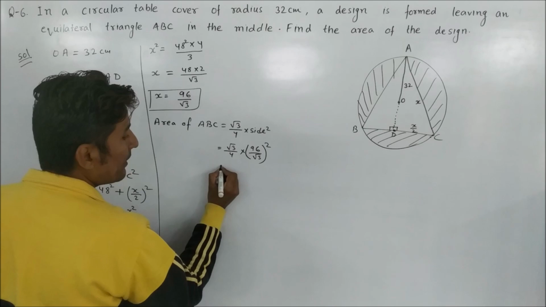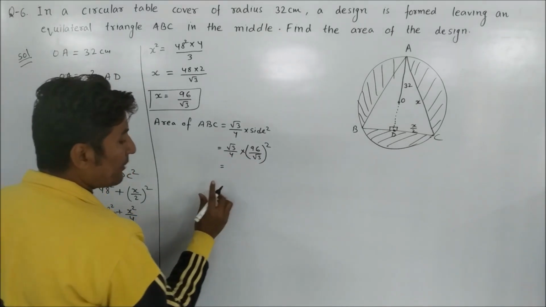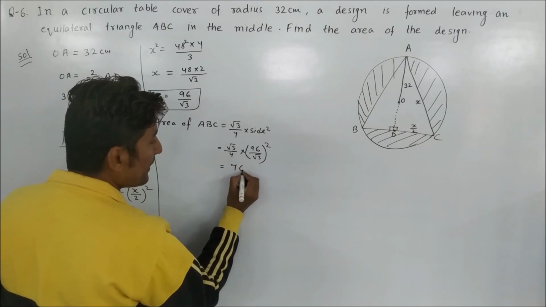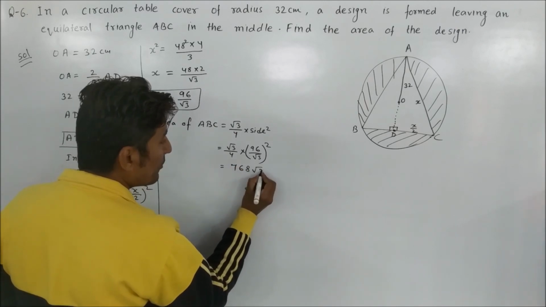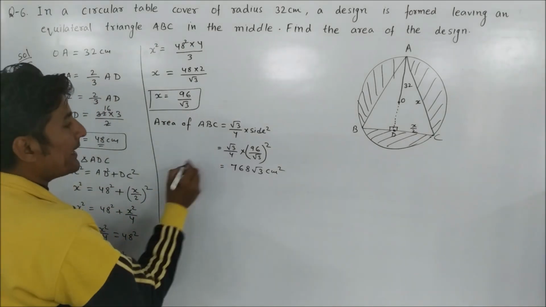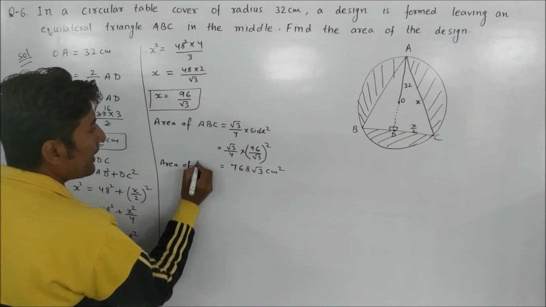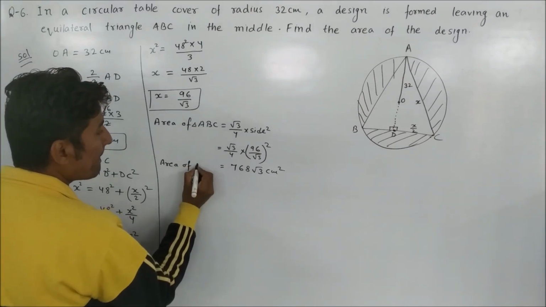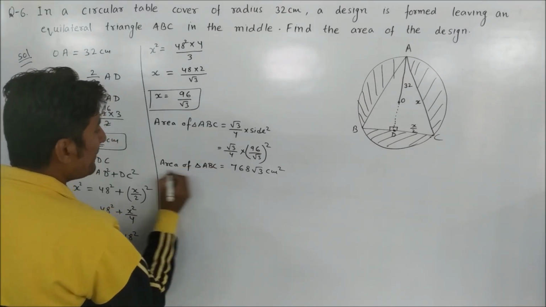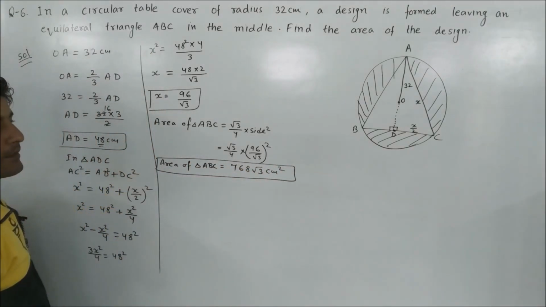After solving this, the area of triangle ABC is equal to 768 root 3 centimeter square.